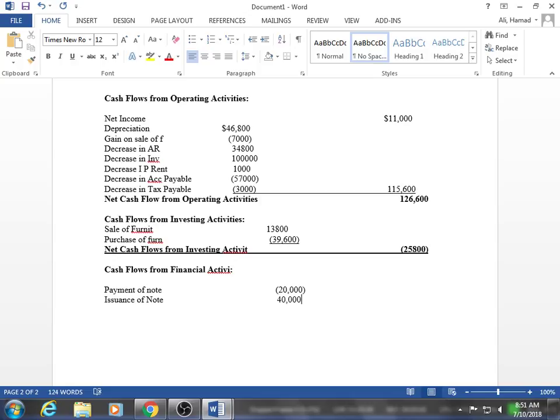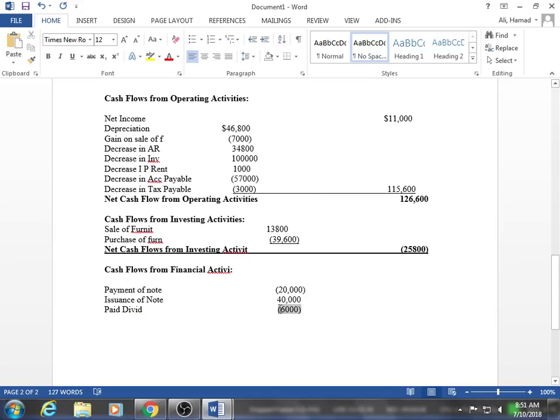So this cash is paid, so it's going to be a financing activity. Is that positive or negative? Negative, paid dividends. How much was it? Negative $6,000.